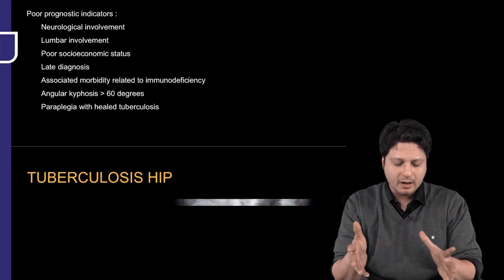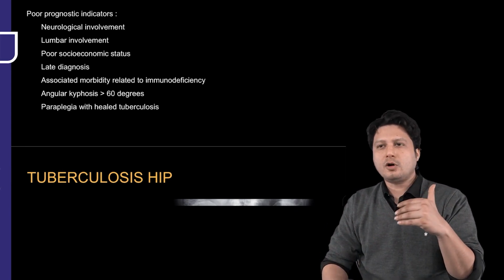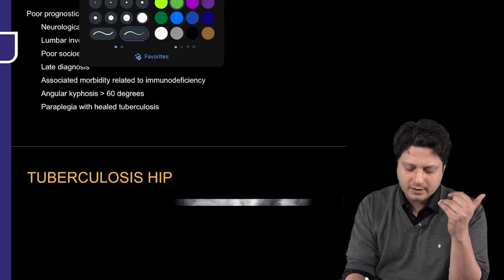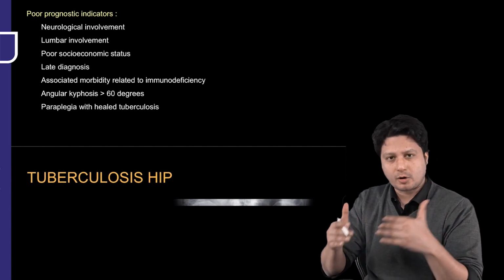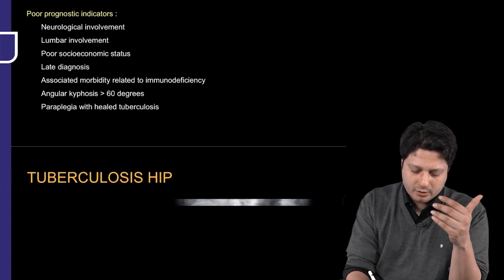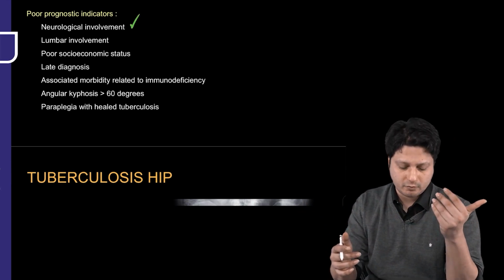All right. Now, what are the poor prognostic indicators for tuberculosis of the spine? It is not very difficult to identify. Based on common sense itself, you can answer these questions, in which case there will be a poor prognostic outcome and in which case there will be a relatively better prognostic outcome. Neurological involvement: imagine if the patient is having grade 4 involvement, it will be a poorer outcome.